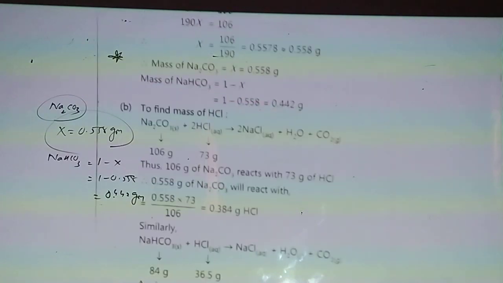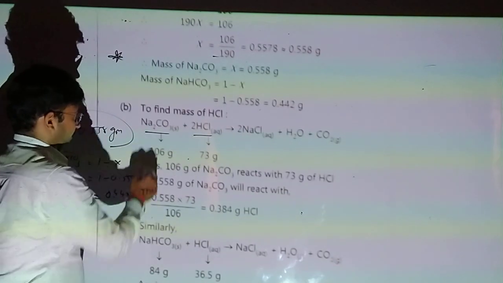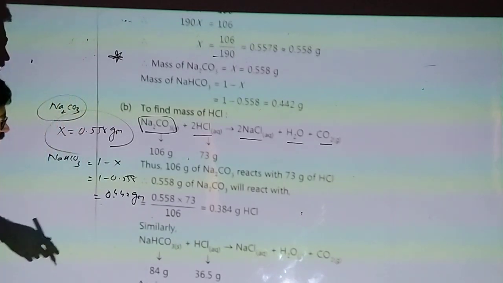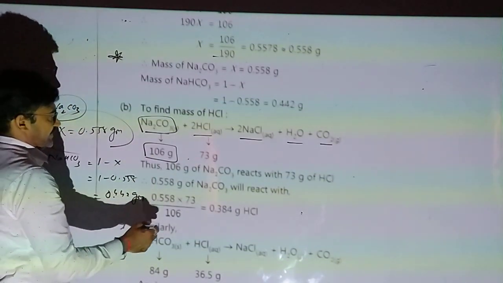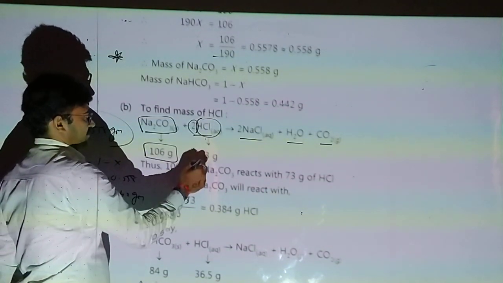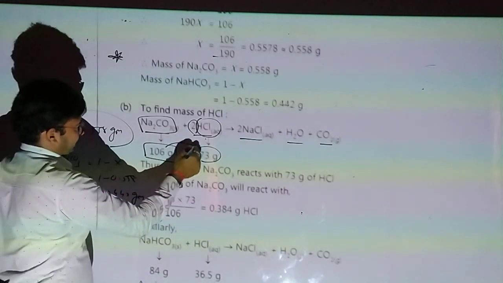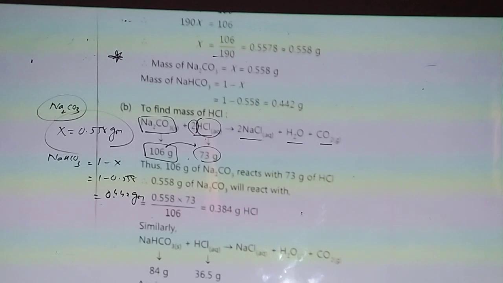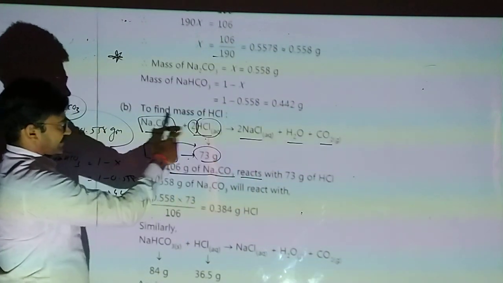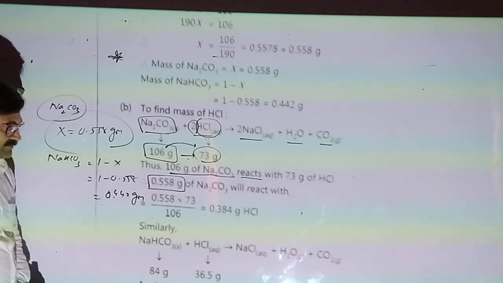Now the method. Na2CO3 reacts with 2 moles of HCl, 1 mole with 2 moles, giving 2 NaCl, H2O, CO2; balance it. The molar mass is 106 for 1 mole, and for HCl 36.5, so 2 times 36.5 is 73. So when it is 106 gram, how many grams of HCl are needed? 73. 106 gram Na2CO3 reacts with 73 gram from the equation, but here we have 0.558 gram.